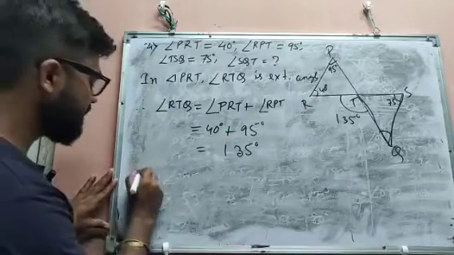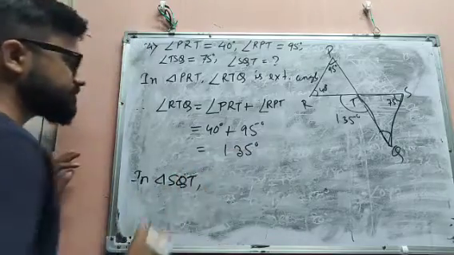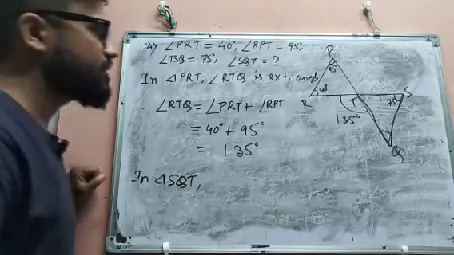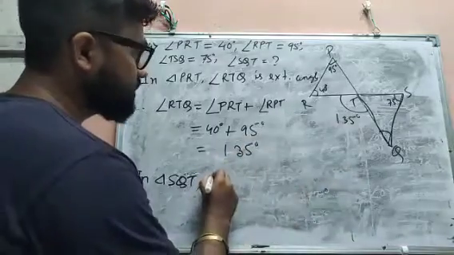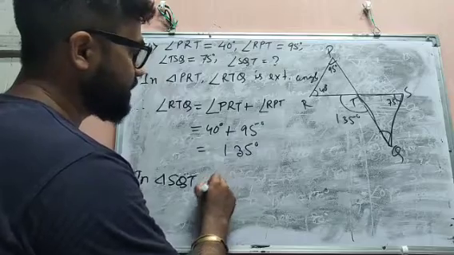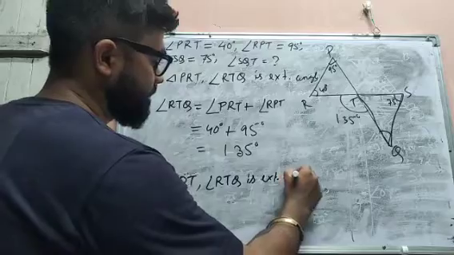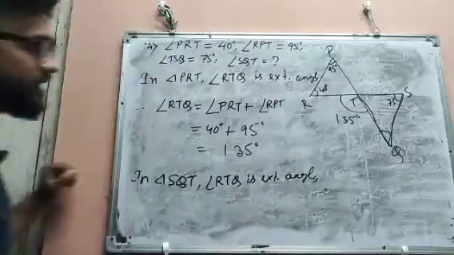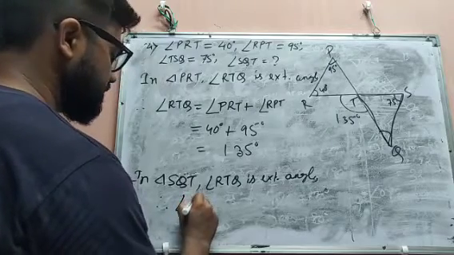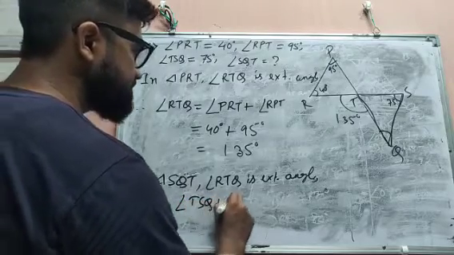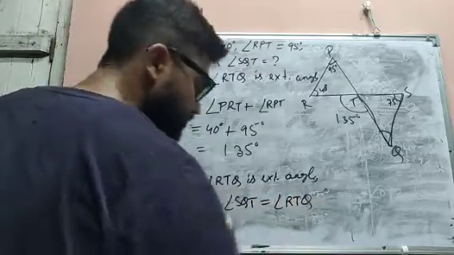See how to do it. In triangle SQT, RTQ is the exterior angle. Therefore angle TSQ plus angle SQT equal to angle RTQ.